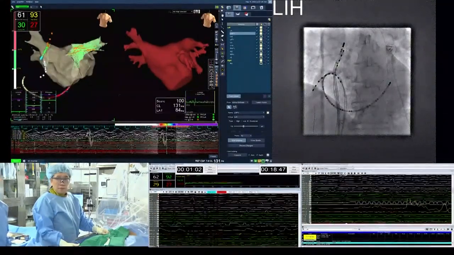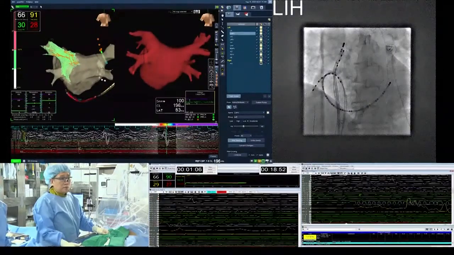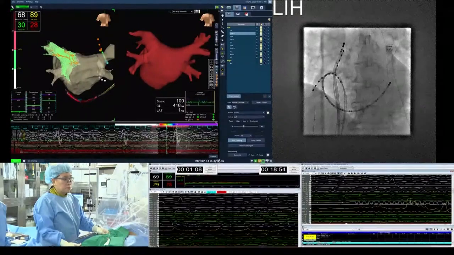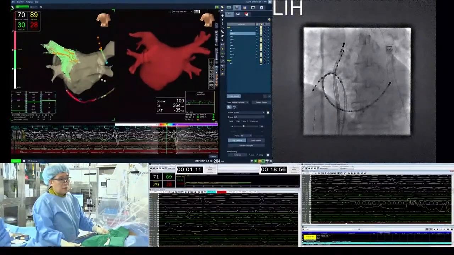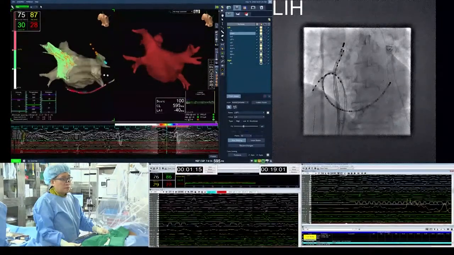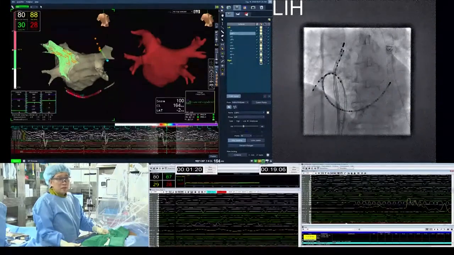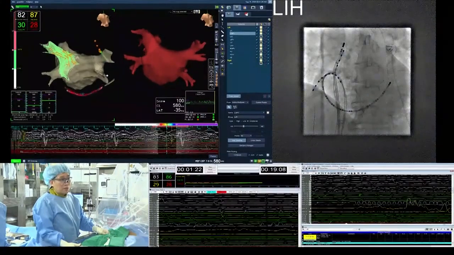I usually, while FC is generating the CT merge, do the right side ablation after taking out the transseptal sheath to the right atrium, and I generate an SVC septal linear ablation. It is ablation from the SVC tip to the upper posterior limbus of the fossa ovale.